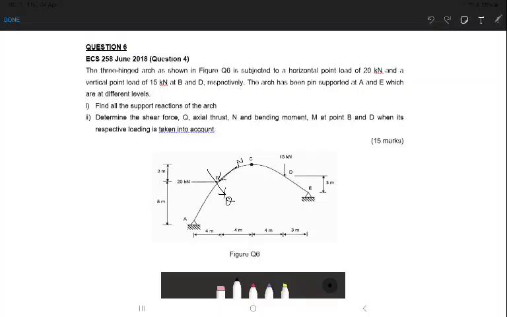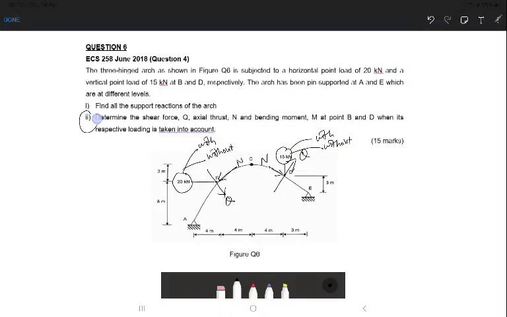You have to find out N in this direction and Q in this direction. Okay, so because there is loading here and loading here, you have to do both with and without load.